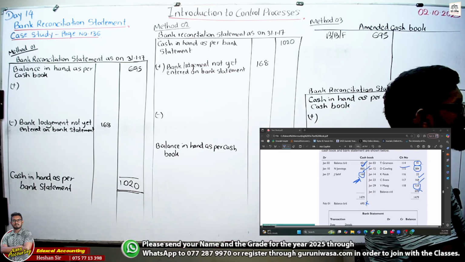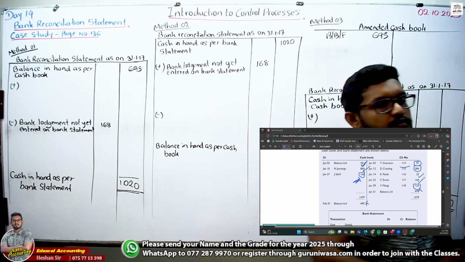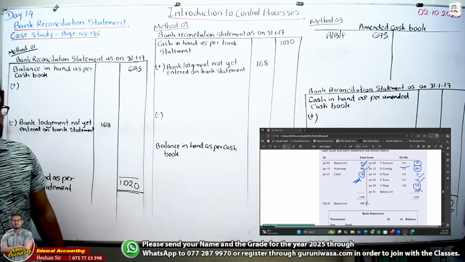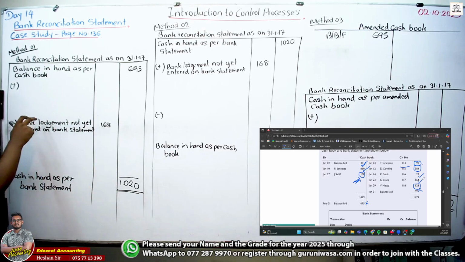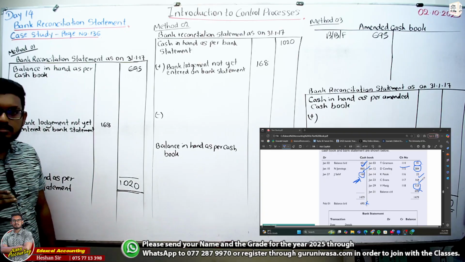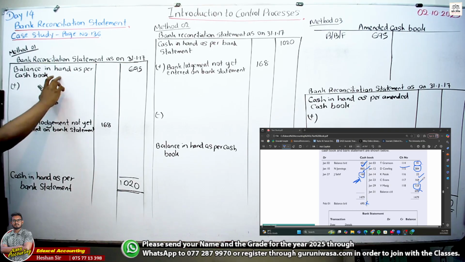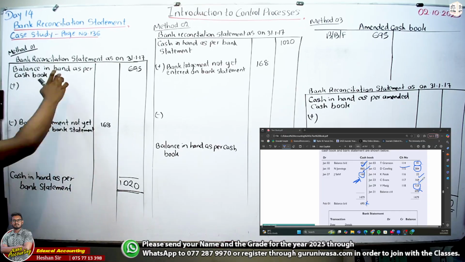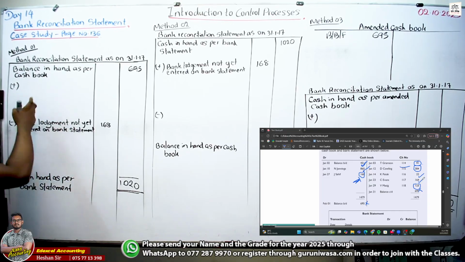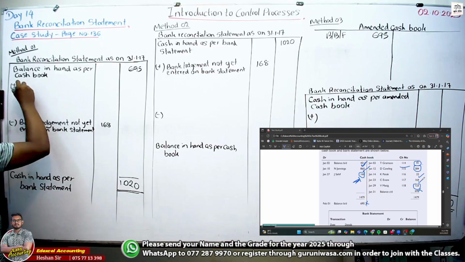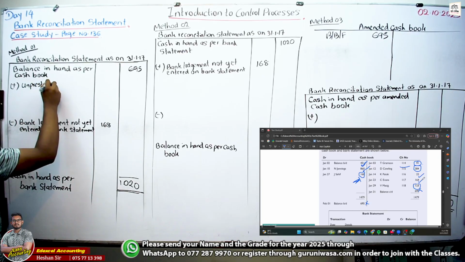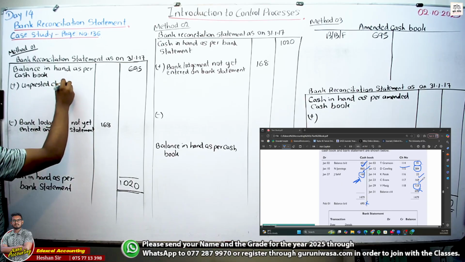These are unpresented checks, right? So what we need to do when it comes to unpresented checks, let's see what will happen. You can see in the cash book, it's credited, which means deducted. Deducted means 90. In here, not deducted, which means 100. From 90 to take 100, what do we need to do? We need to add, right? These are unpresented checks.